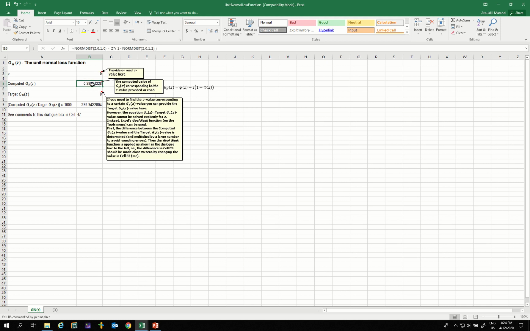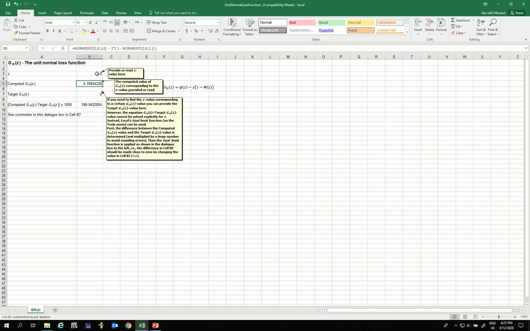Here in this cell we have put the formula for the unit loss function. If you remember, Gn of z was the probability density function of a standard normal distribution minus z times 1 minus the cumulative distribution function evaluated at point z.